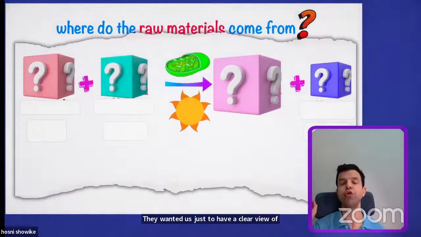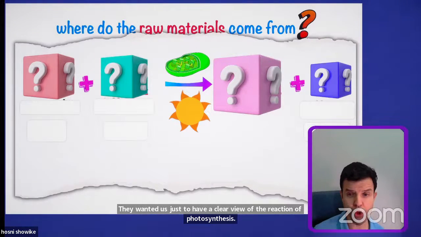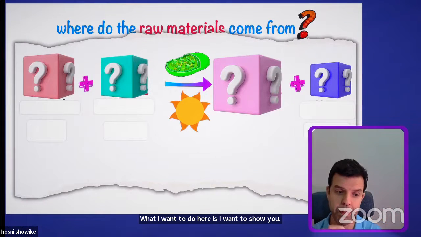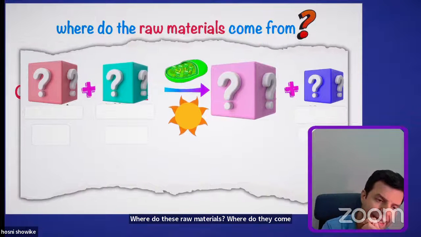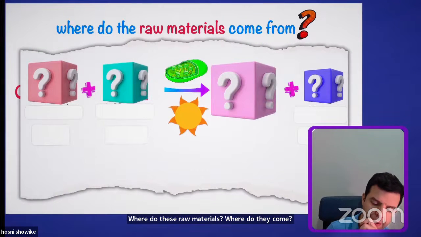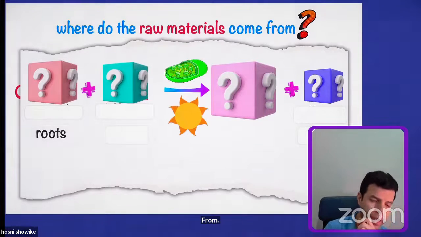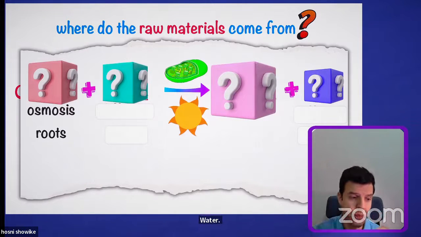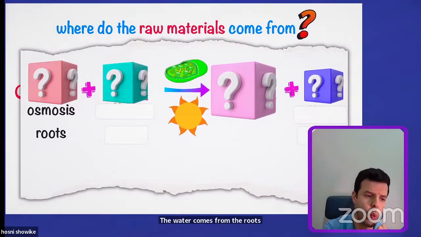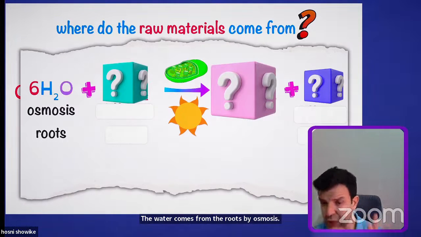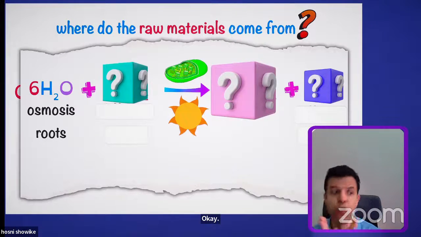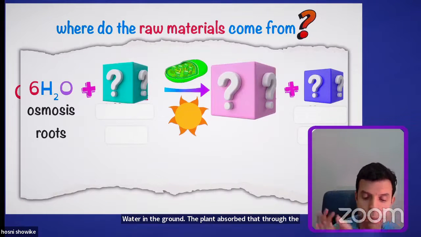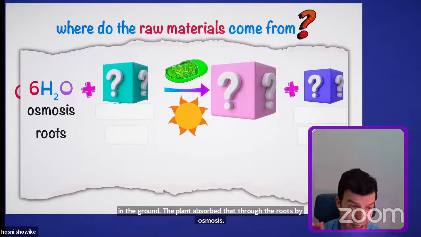What I want to do here is show you where these raw materials come from. So let's start with the water. The water comes from the roots by osmosis, okay? So there's water in the ground, the plant absorbs that through the roots by osmosis, and then it has to climb all the way to the leaves.